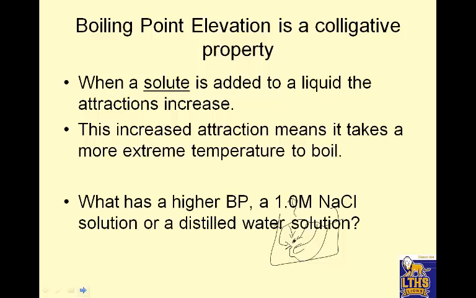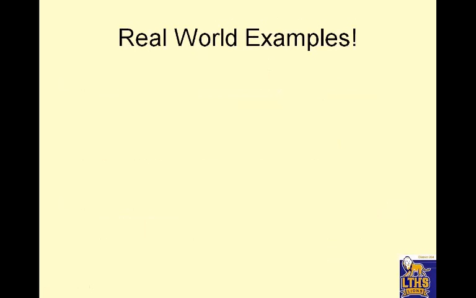Admit it, you'd hang out with Mike Tyson if you could. Which has a higher boiling point, a 1 molar NaCl solution or distilled water? The higher boiling point would be the 1 molar NaCl solution because the solute is so attractive you'd want to stay there and hang out like it's Mike Tyson.